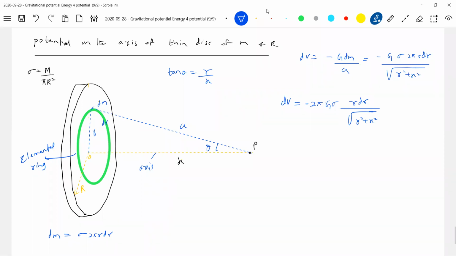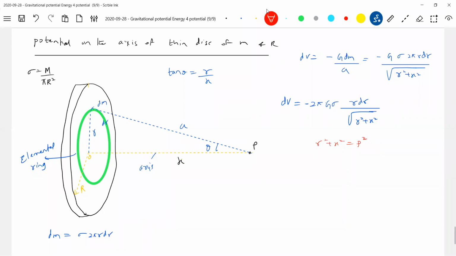Or instead of this, let r square plus x square be equal to some p square. Now differentiate this.